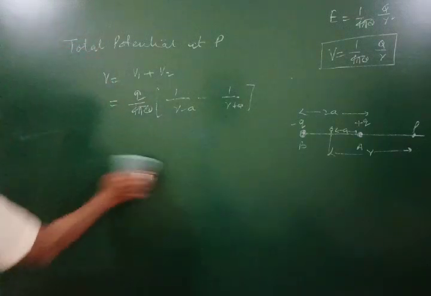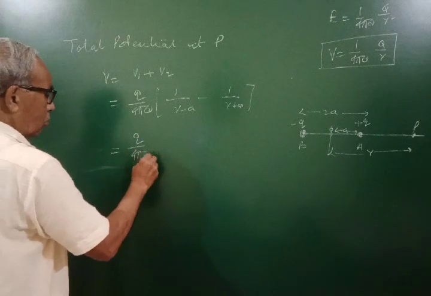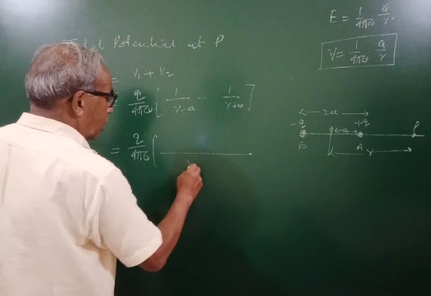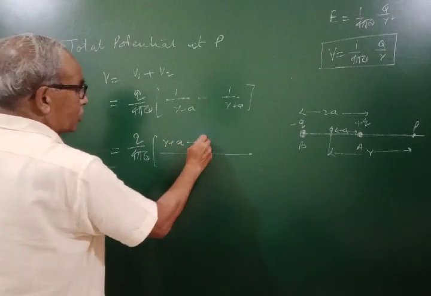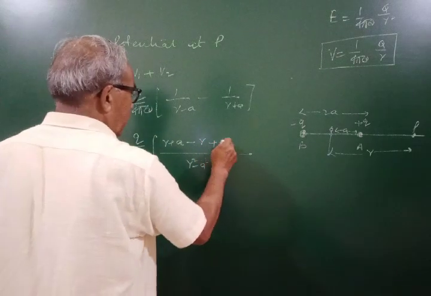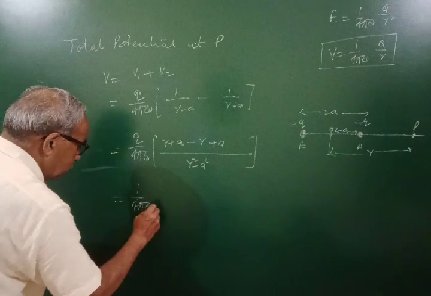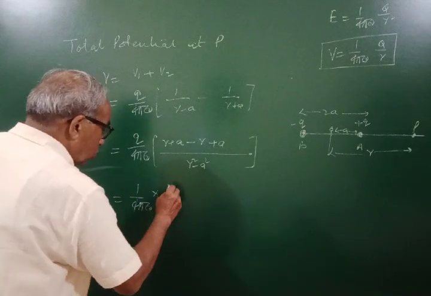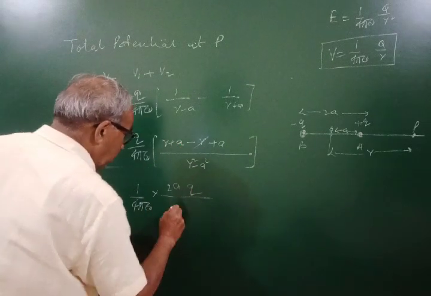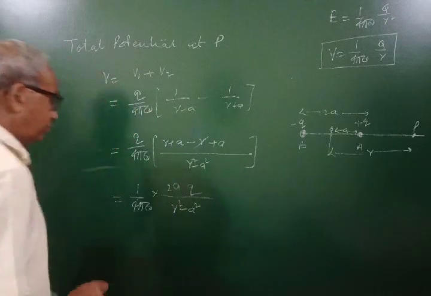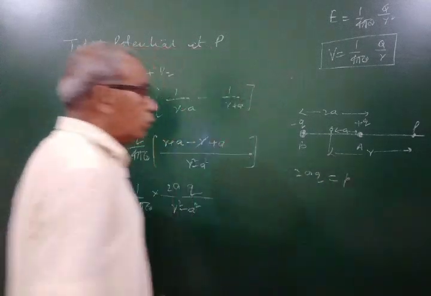So what is the LCM here? q upon 4 pi epsilon 0, it is r minus a, r plus a. What is left is 1 upon 4 pi epsilon 0 into 2a times q upon r square minus a square. But you know 2aq is equal to p, the magnitude of dipole moment.